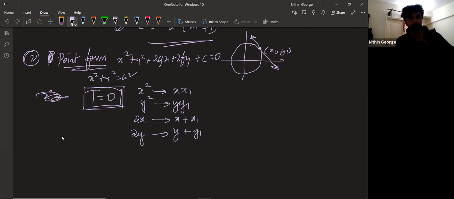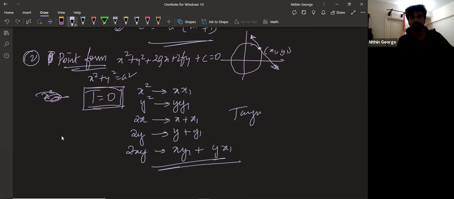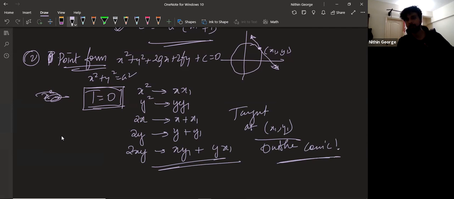Basically, I replace x with (x plus x1) by 2, and I replace y with (y plus y1) by 2. I replace 2xy with xy1 plus yx1. I do this replacement, I get the equation of a tangent at a point x1 comma y1 which lies on the conic. This is a must. All right, guys. Following?